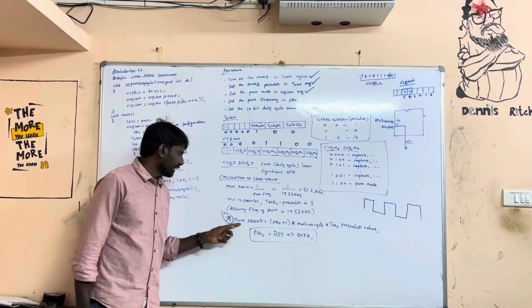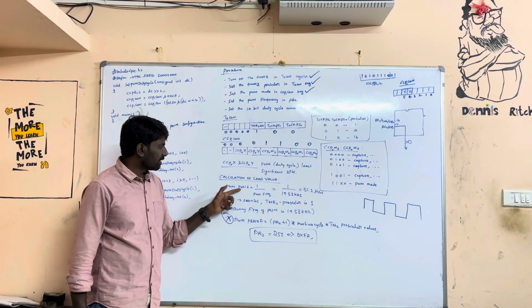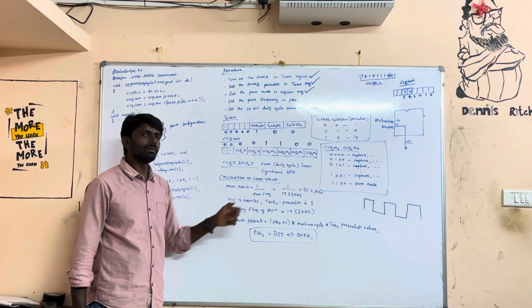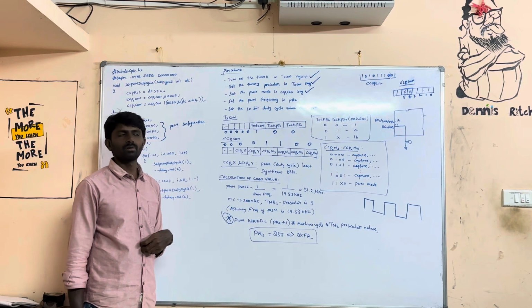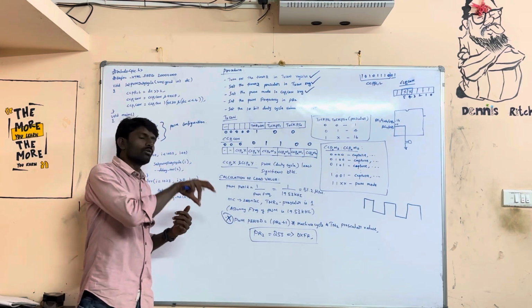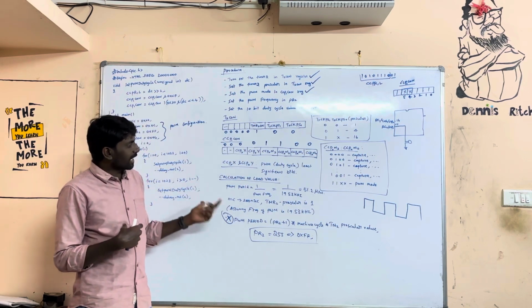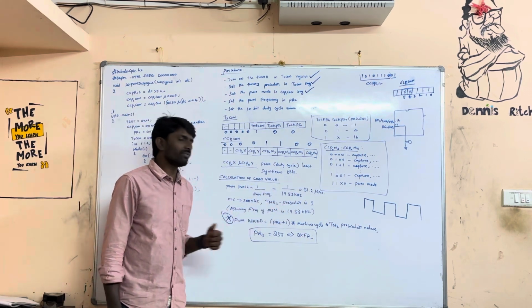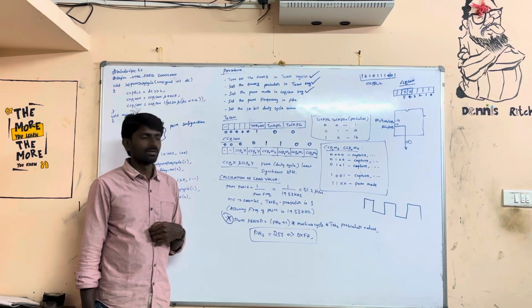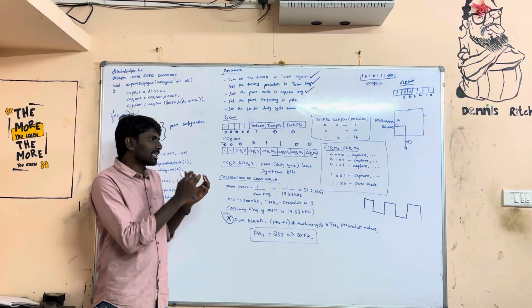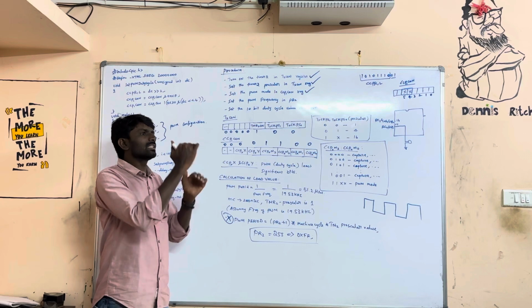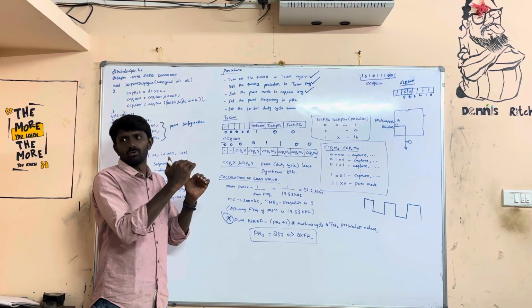What is PWM period? PWM period is nothing but 1 divided by PWM frequency. So now we are only going to set what frequency we want. As of now I am taking 19.53 kilohertz. In that frequency I am expecting the PWM output.